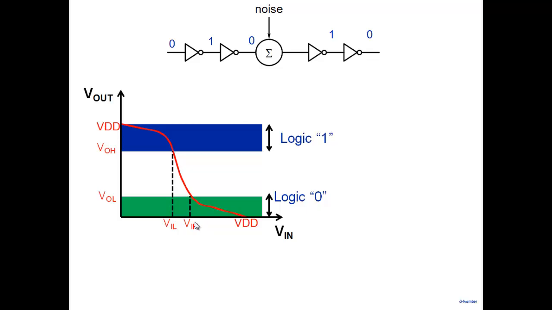Right? But right now, we have not addressed the issue of how wide this band should be. What we are saying is, we define a range of voltages as logic 1, a range of voltages as logic 0. And then once you do that, you get a VOH and a VIL, and you get a VOL and a VIH.